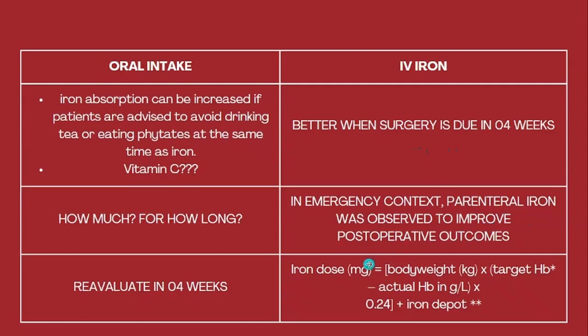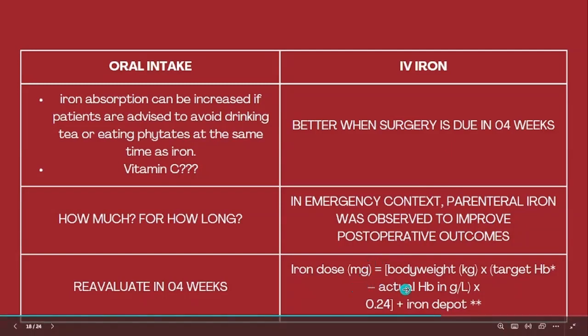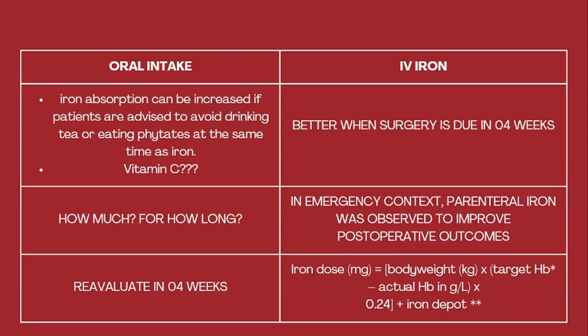To calculate this, you could use a formula, but it depends on the pharmacological product that you'll be using, so it is reasonable to consult the medication information of what you'll be prescribing. You will be using the body weight of the patient, the target hemoglobin, and the actual hemoglobin to calculate how much iron this patient needs to take parenterally.